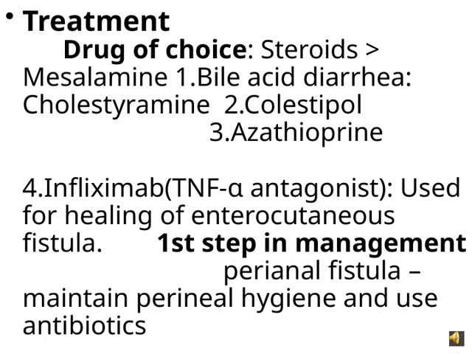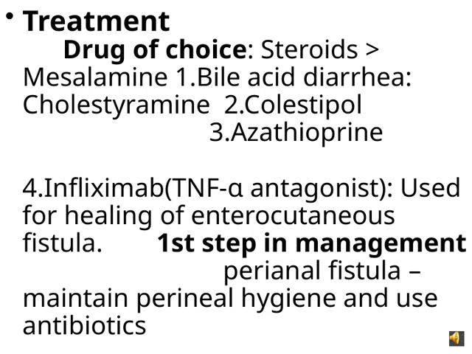Let's now discuss the treatment options. When it comes to managing these conditions, the drug of choice is generally steroids, which tend to be more effective than mesalamine. However, depending on the specific situation, other medications may be used. For example, in cases of bile acid diarrhea, cholestyramine is commonly prescribed to help bind the bile acids and reduce diarrhea symptoms.